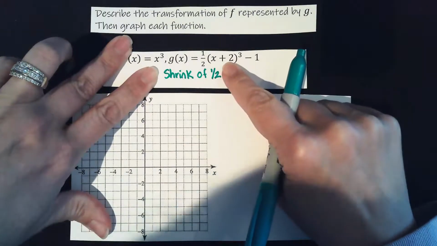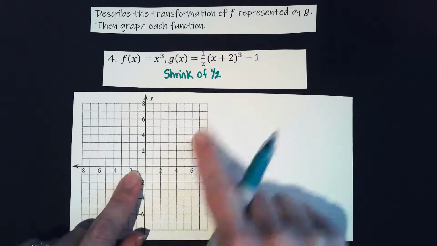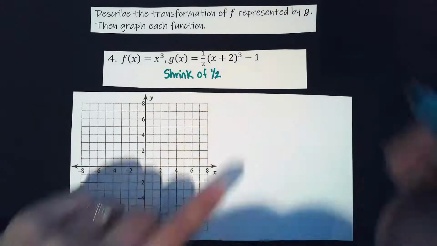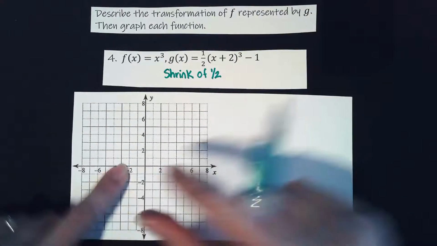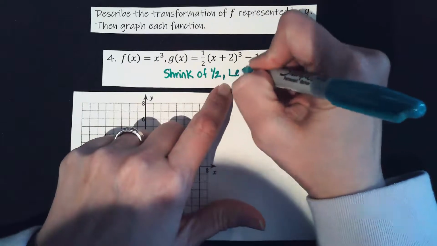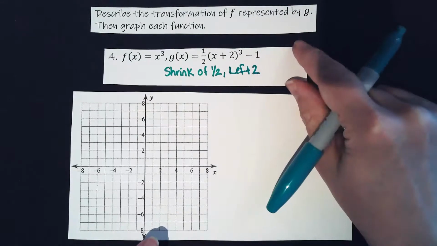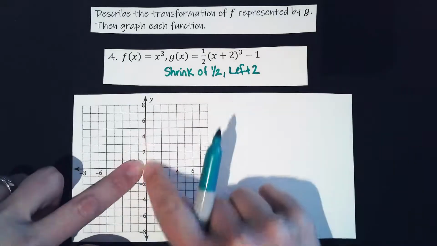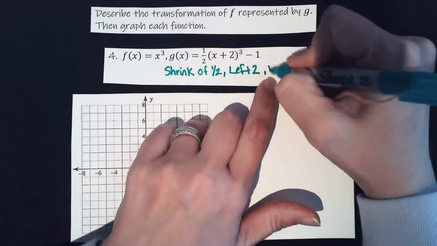Grouped with x, which means I'm moving on the x-axis left and right. It's a +2, and we do the opposite thing. So instead of going right 2, I'm going left 2. And then I have a -1. That moves us up and down, and we do what it says. So -1 moves down 1.